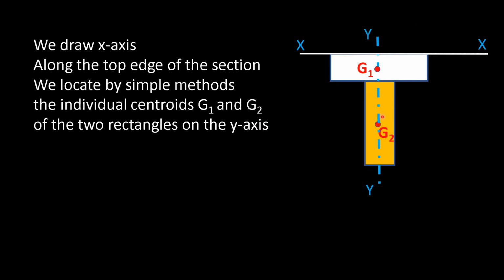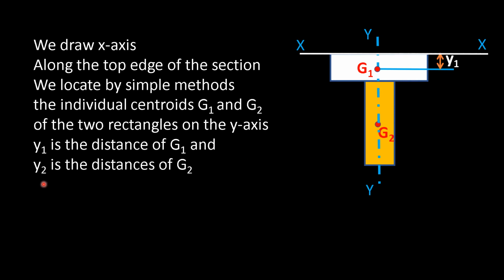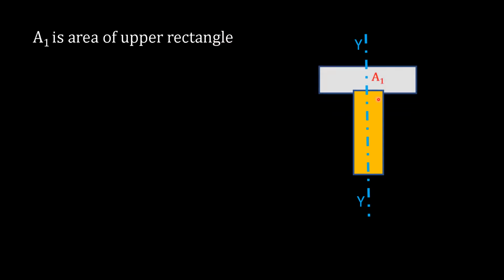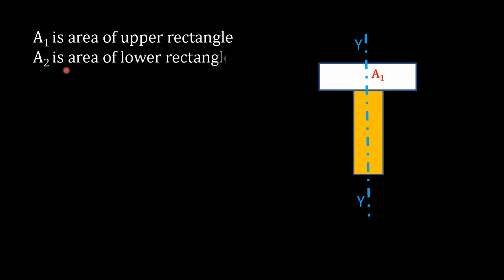Y1 is the distance of G1 and Y2 is the distance of G2 from the x-axis. A1 is the area of the upper rectangle. A2 is the area of the lower rectangle.